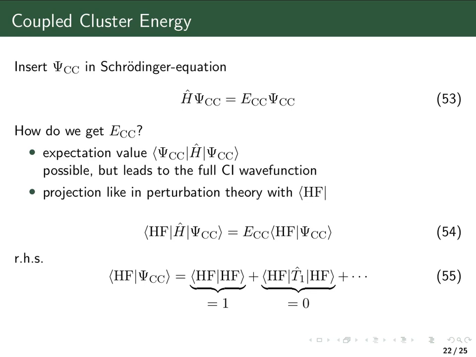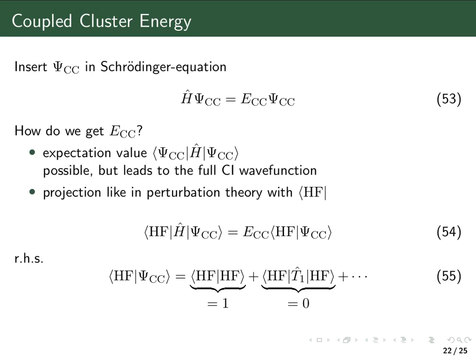But now it's important to remember what I've just said: as soon as we have the T1 operator included, the expansion of the coupled cluster wave function will give us all determinants. Which means in this expression, we have on both sides all determinants included, so calculating the energy for whatever coupled cluster model we use, coupled cluster singles, singles and doubles, and so forth, will actually have as many terms as the full CI wave function.